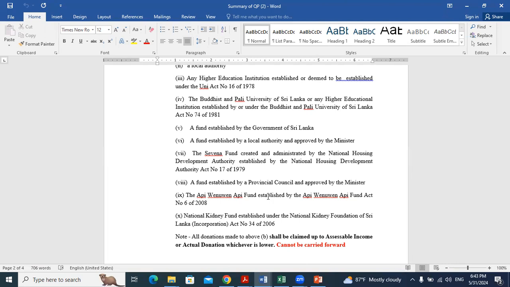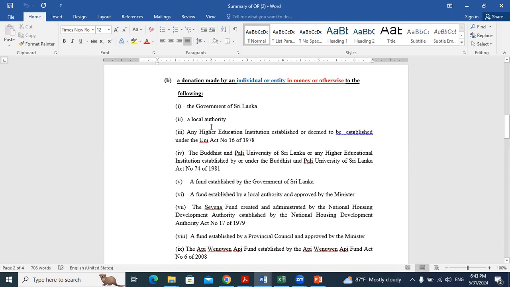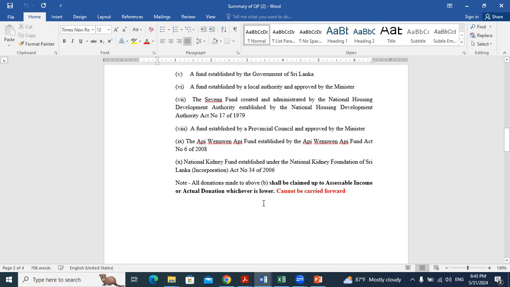All donations of this kind shall be claimed up to assessable income. Unlike the very first donations, to an approved charity, where there is a limit, 75,000 for an individual and 500,000 for the other entity, for the second type of donations, made to the government or government-related institutions or funds established by the government, there is no limit.